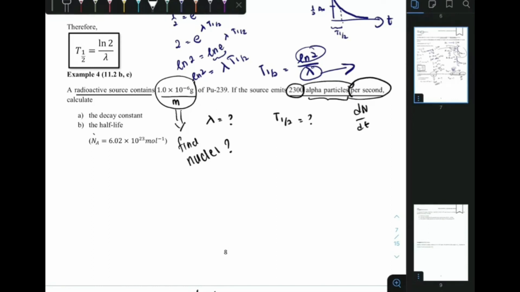So awak ada Avogadro constant number given here. So awak guna your chemistry knowledge here to find your n dekat sini. So cari n berapa. And then from there awak boleh cari your lambda. Bila dapat lambda boleh cari T half life dekat sini. Okay, saya bagi clue, awak cuba buat.